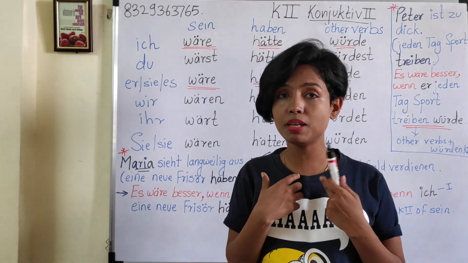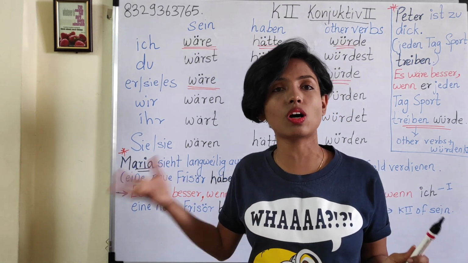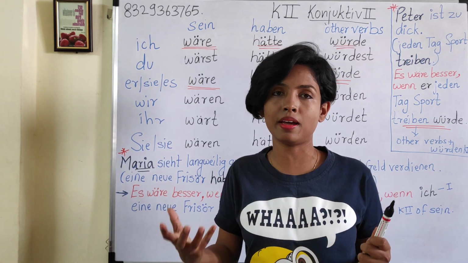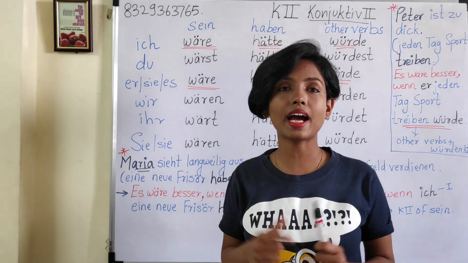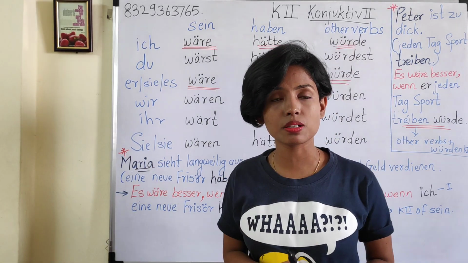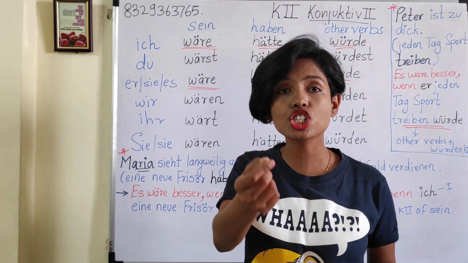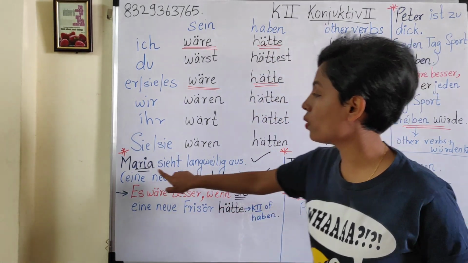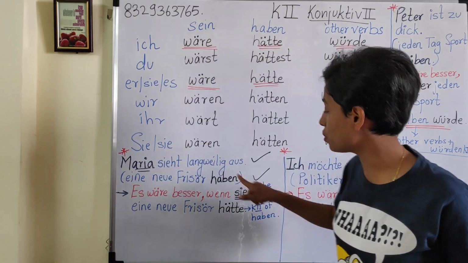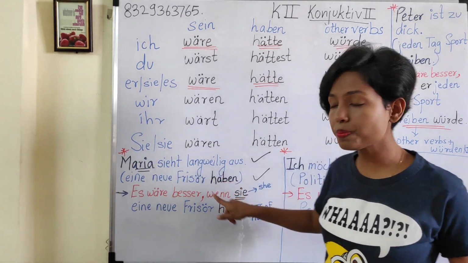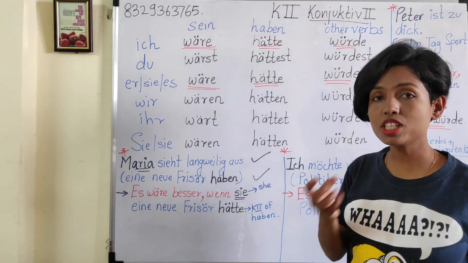For example, my name is Christina. I don't want to use Christina always, so while telling about myself I will say I am. Instead of Maria, what can I write? Maria is a girl, so we can write she. After the comma, where wenn is written, we convert the noun into small sie, that is, she.